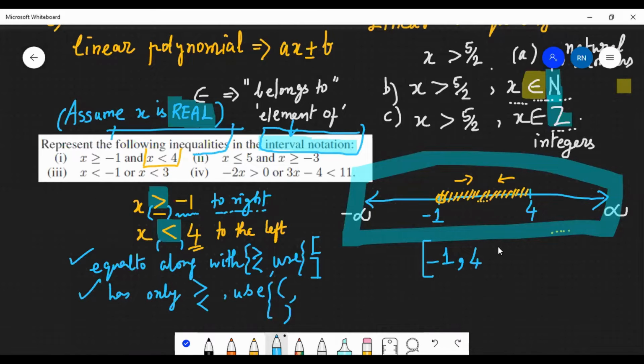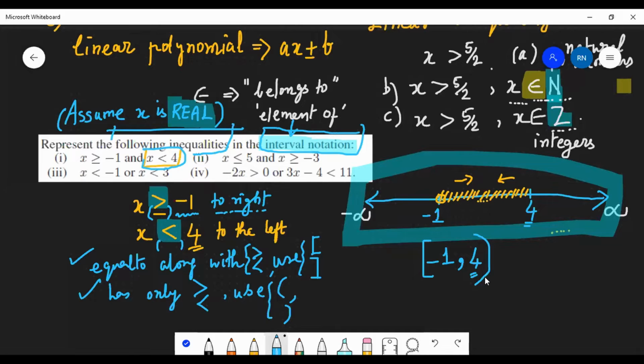So look at the number 4, where X is less than 4. Is the equal to symbol present there? It is not present. So when the equal to symbol is not given, maintain a curved bracket.